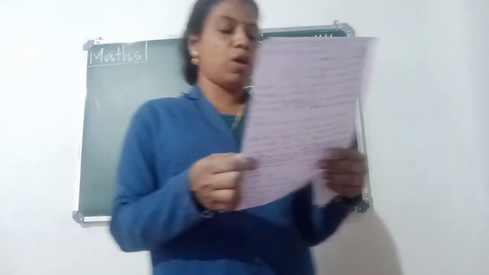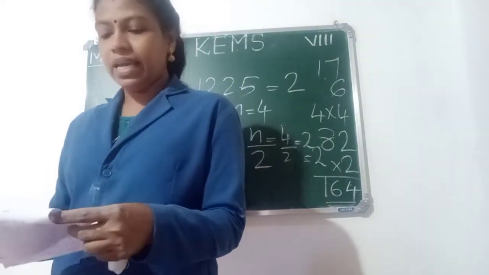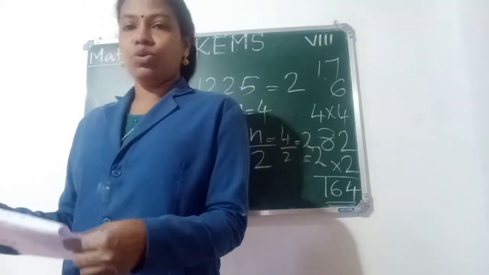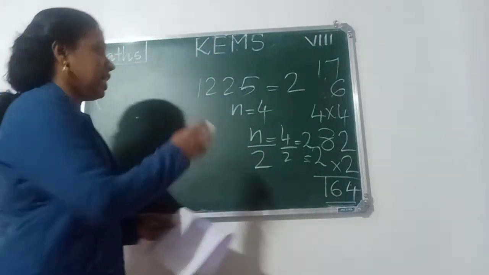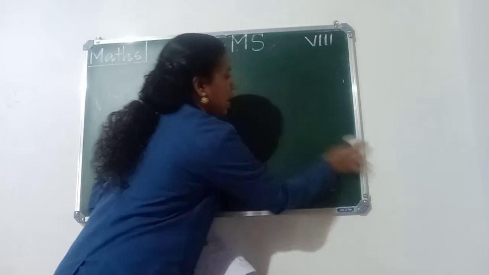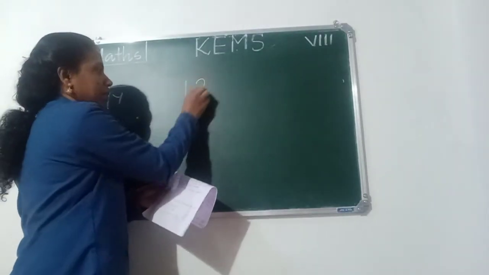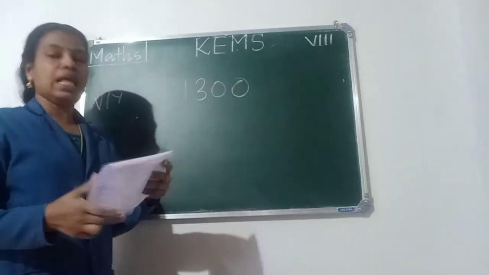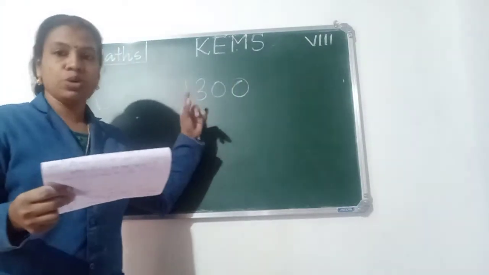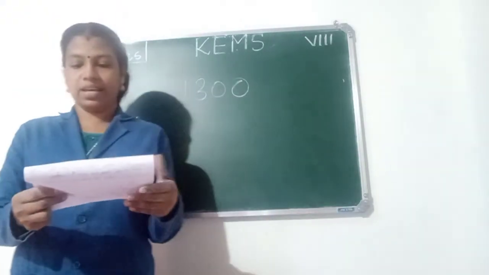I will read the problem. Listen. Find the least number that must be added to 1300 so as to get a perfect square.